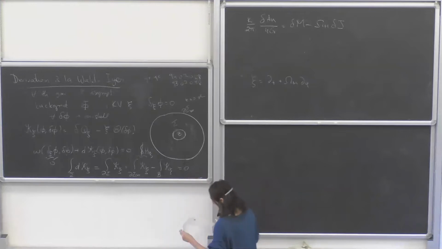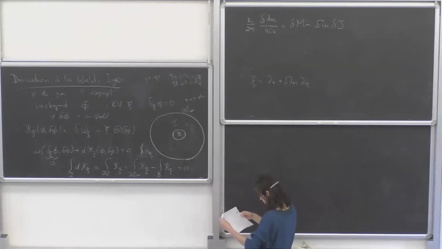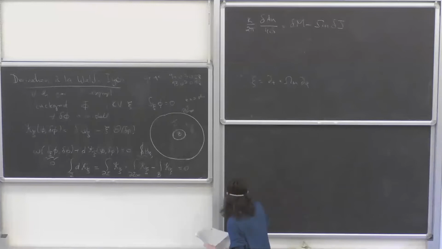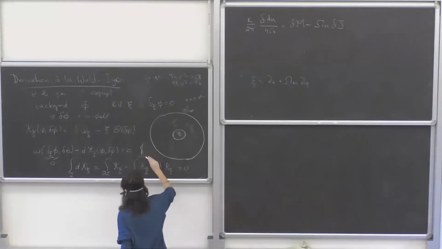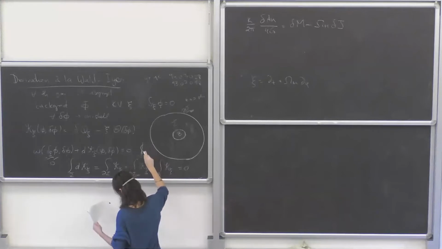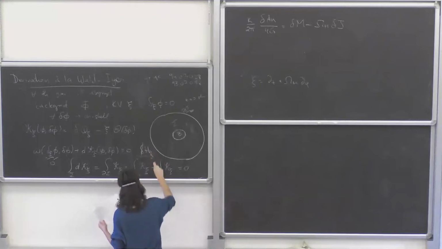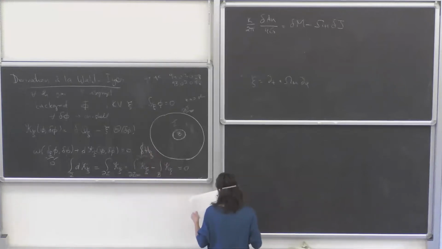So how should I write this? I just don't like my notation. Let me call this delta Q_C, but this is very bad notation again. Okay, let me call it this, although I don't like it.